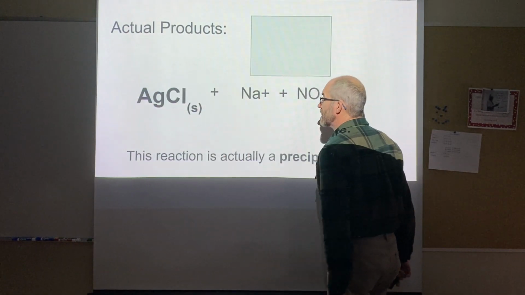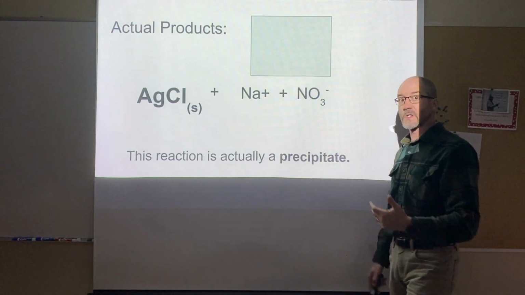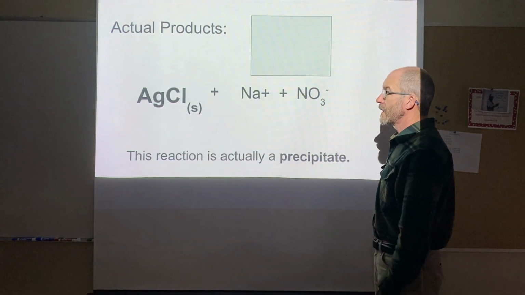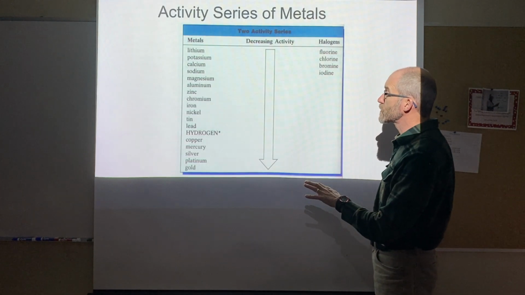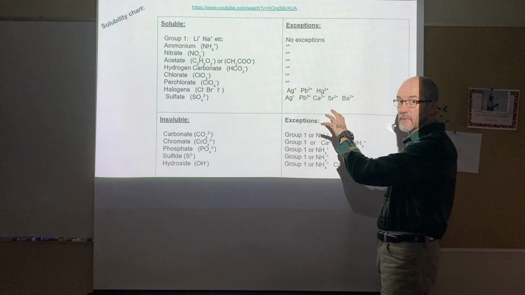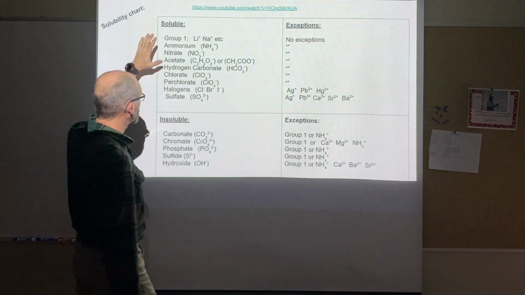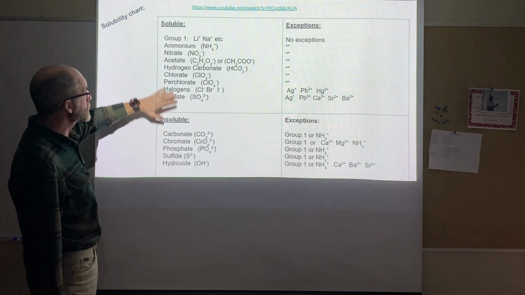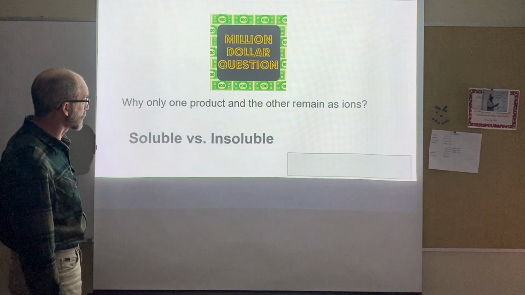It's a solid. And we have another product that is still aqueous in solution. Now once again, what are we going to use? We're going to use our solubility chart, and we're going to use this to try to help us figure out exactly what's going on here.